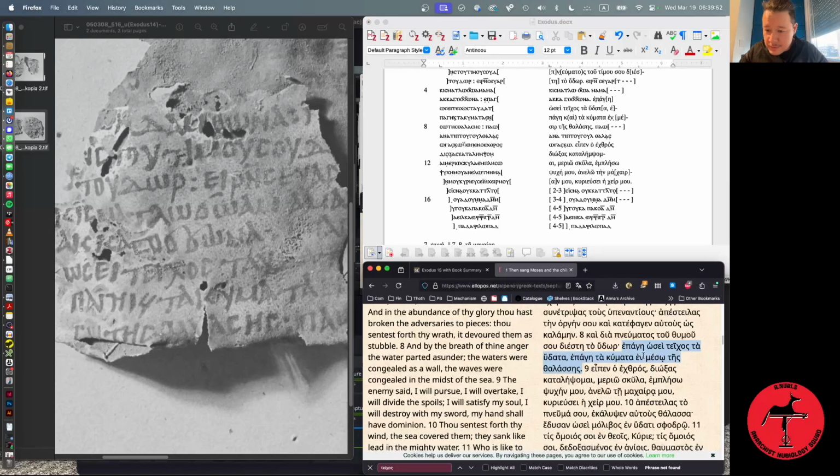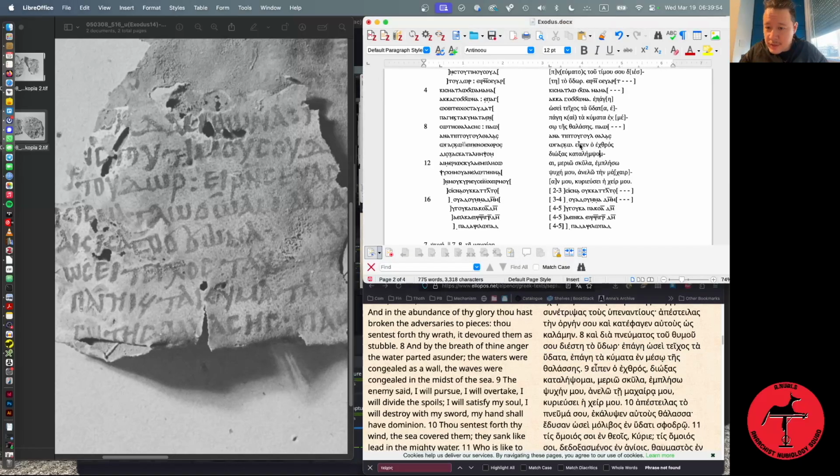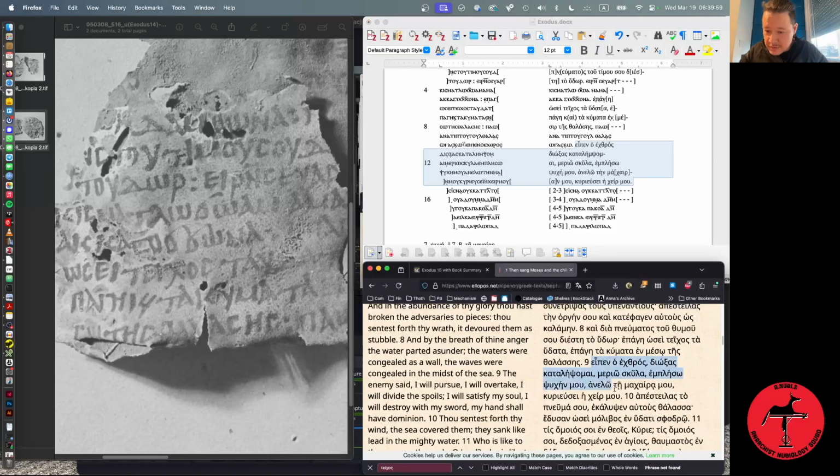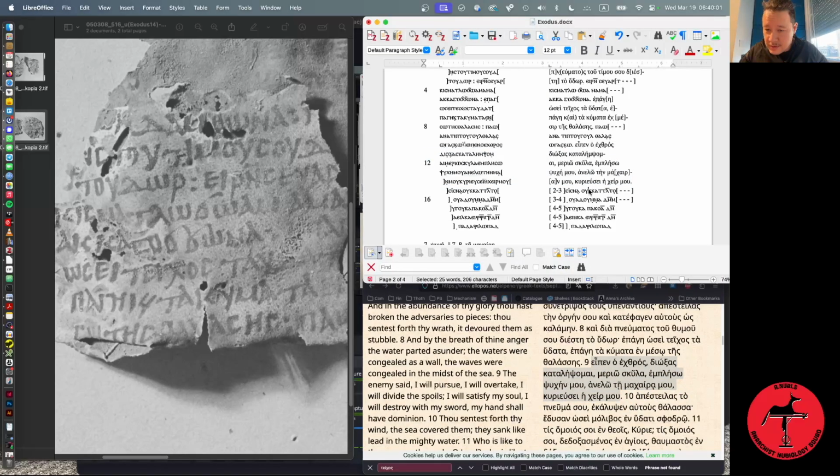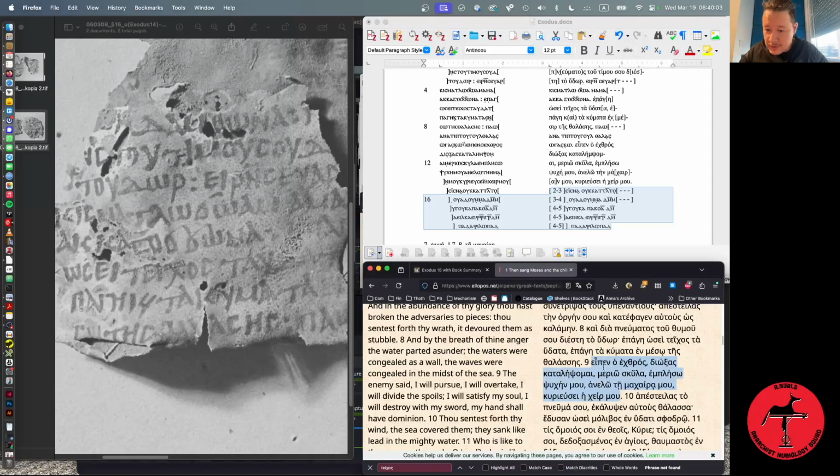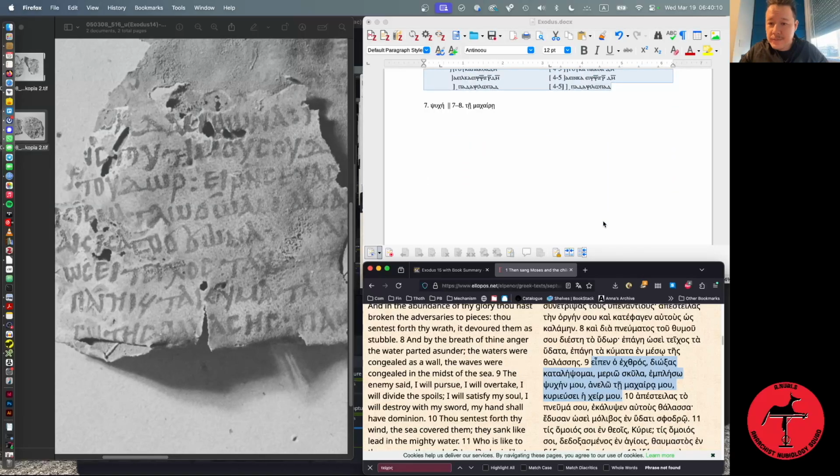So here, this is verse 9. The versification is really quite nice, and then this part here supposedly is again this.